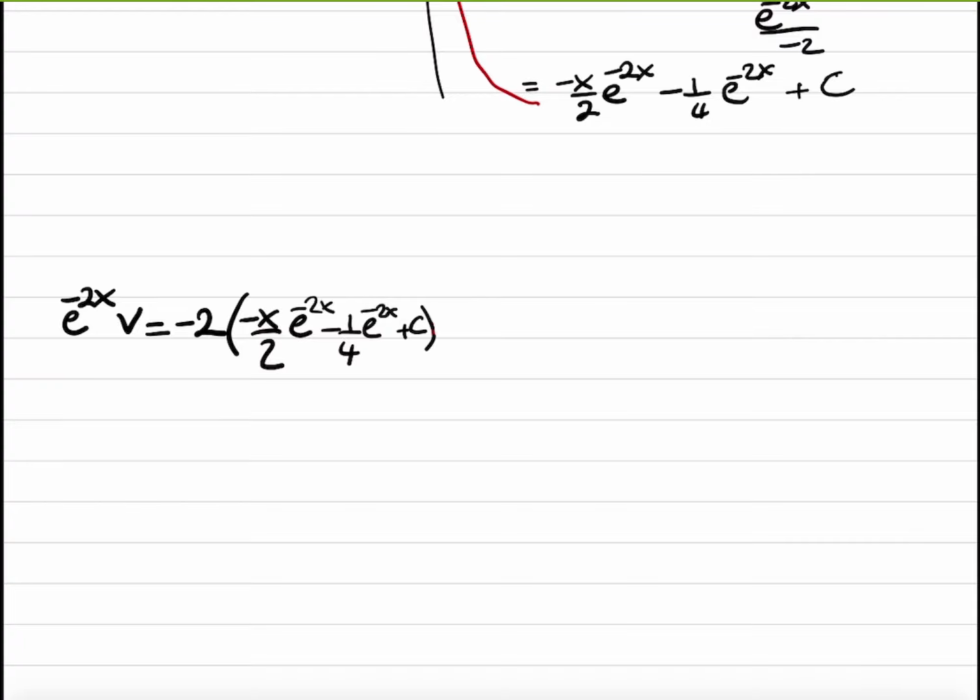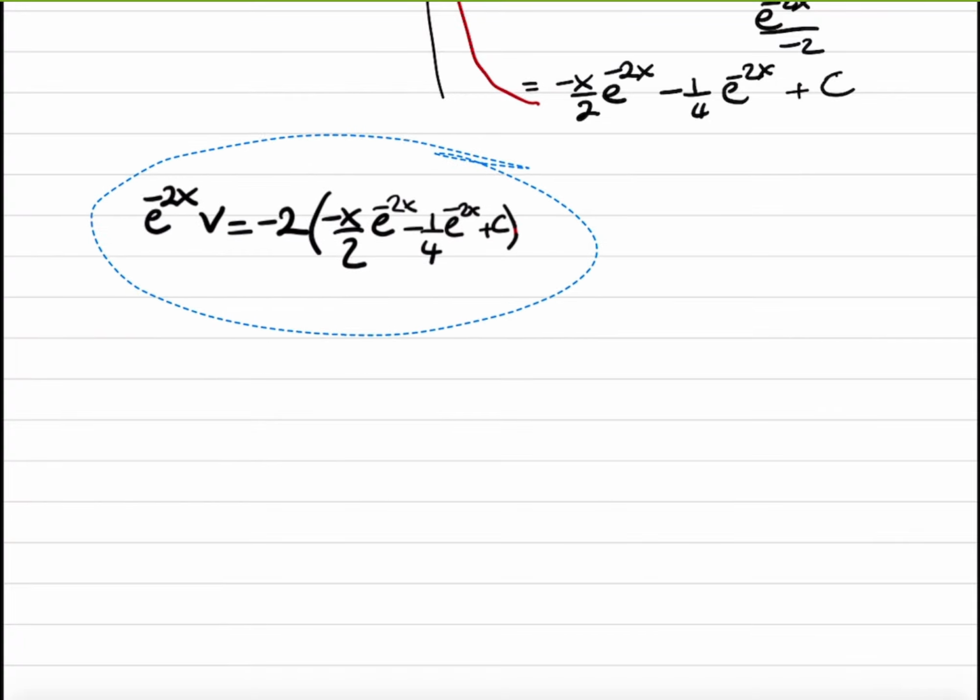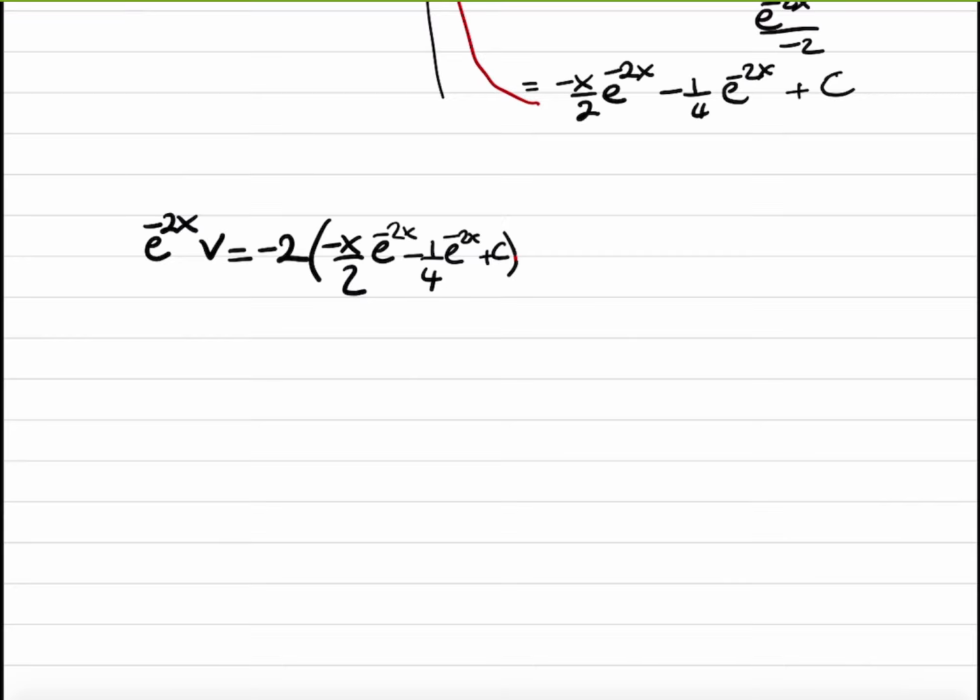Okay, sorry about that. Okay, let's simplify things. I think we can cancel all this e to the power minus 2x, right? But we shouldn't forget here.